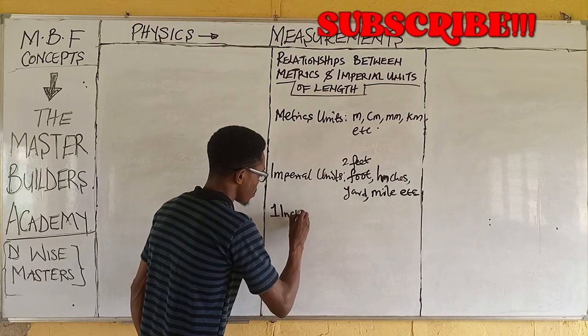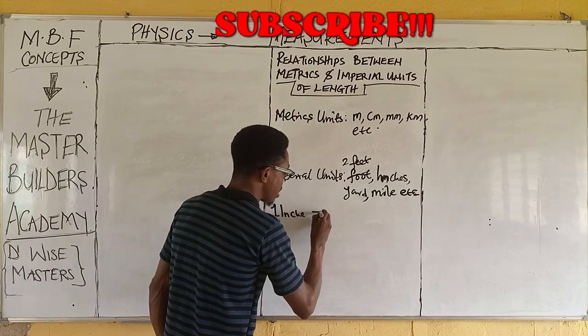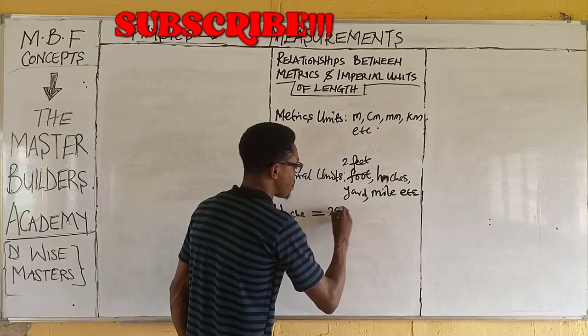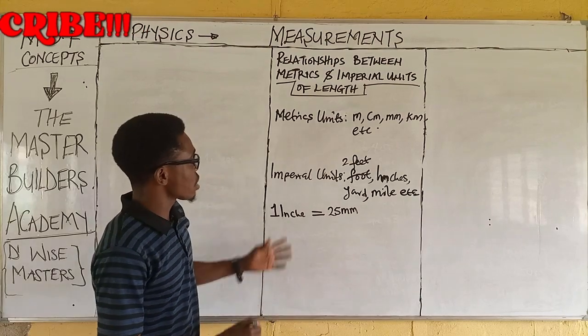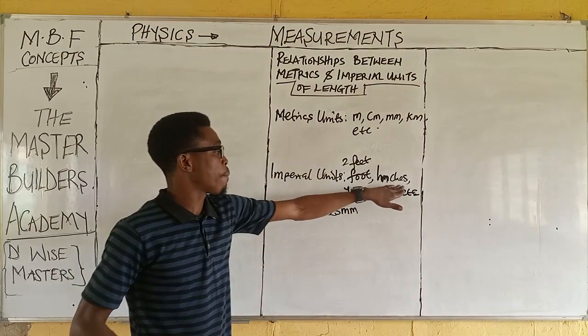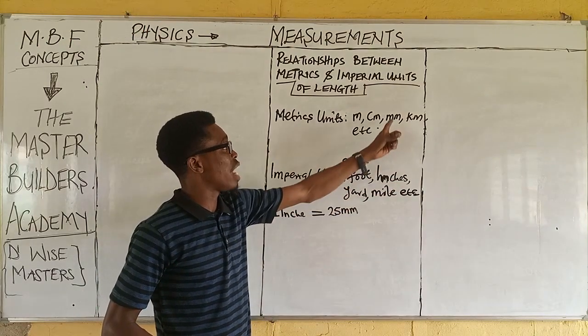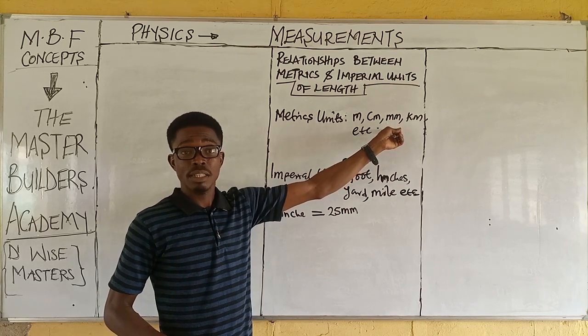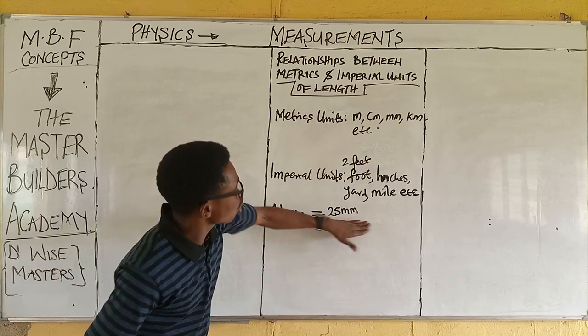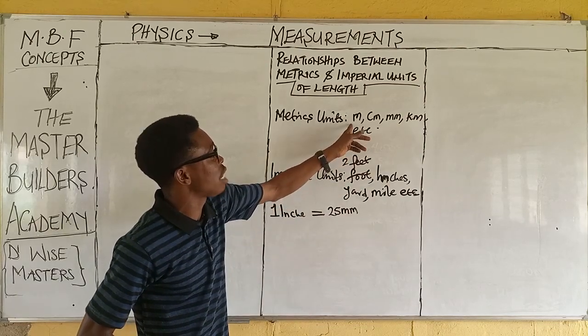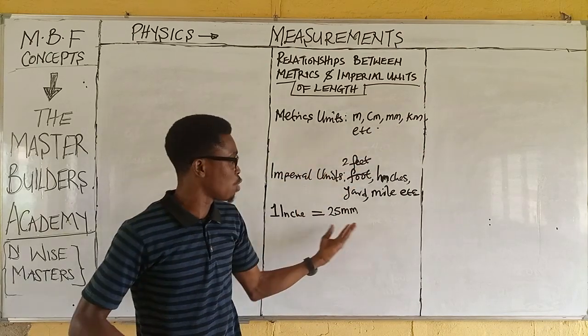1 inch is equivalent to 25 millimeters. That is to say, the relationship between one of the imperial units is equivalent to one of the metric units. Now, if I know 25 millimeters, of course, I can convert 25 millimeters to meter, to centimeter, or even to kilometers, so I don't need to dwell much on this.